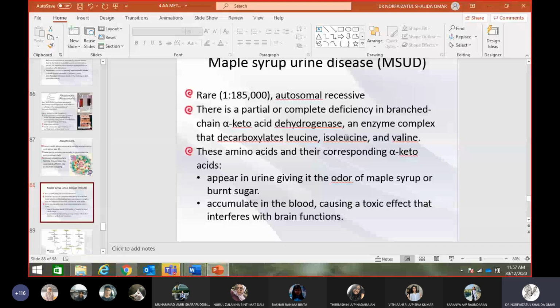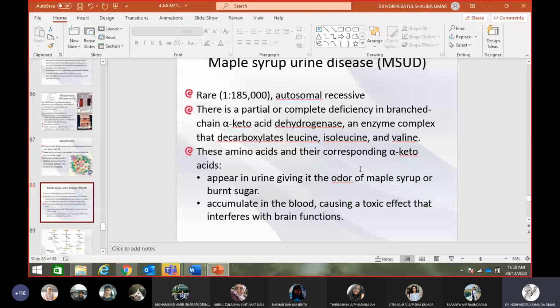This enzyme is important to break down leucine, isoleucine, and valine. So without it, leucine, isoleucine, and valine will accumulate.